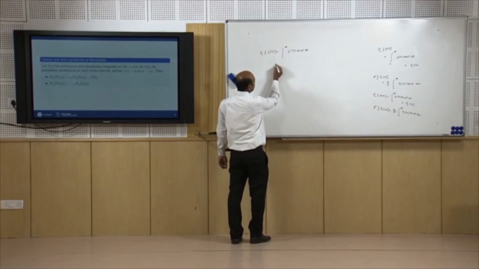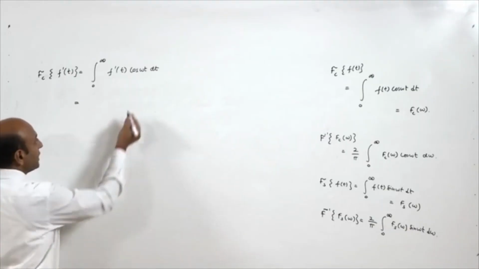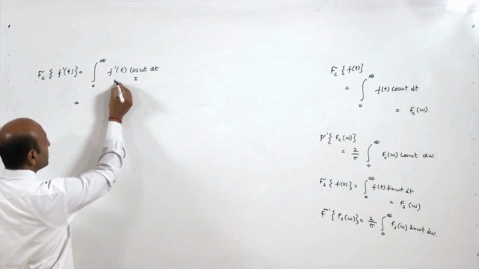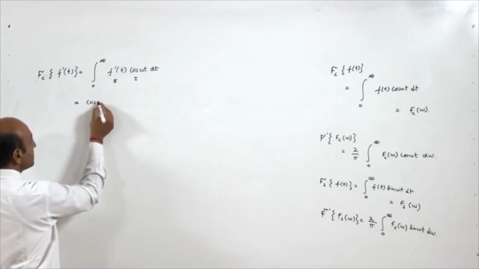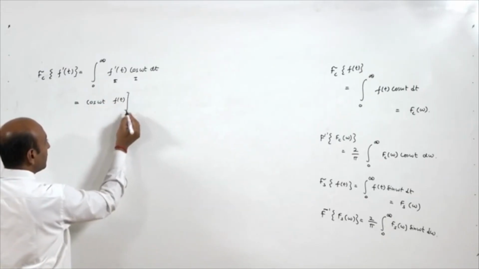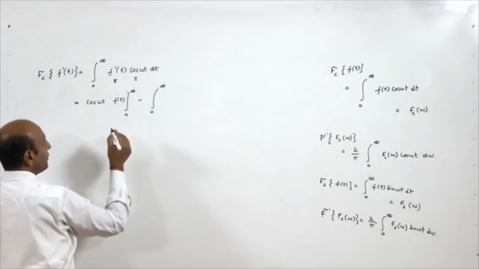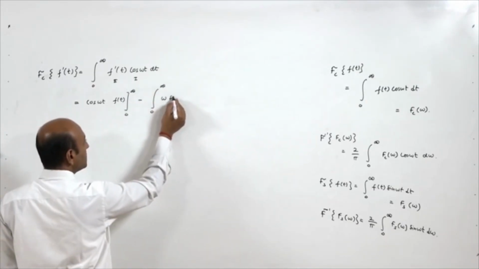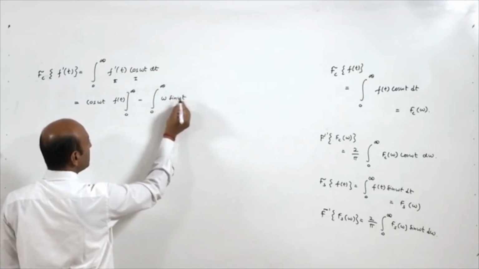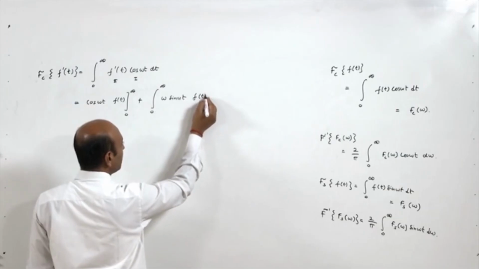Now, you apply integration by parts: take the first function as it is, and integrate the second. It is cos(ωt) f(t) from 0 to infinity minus the integral of the derivative of the first, which is ω sin(ωt) with a negative sign, making it positive, times f(t) dt.